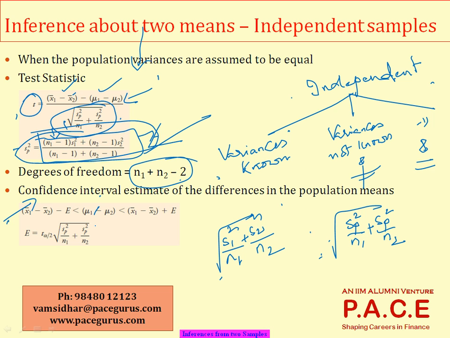So using that information, I can make a conclusion about the claim whether the two means are equal or different for two different independent samples, depending on whether the variances are known or not known, or even if they are not known, are they assumed to be equal or not equal. These are the three different types of tests for comparing the means of two different populations.